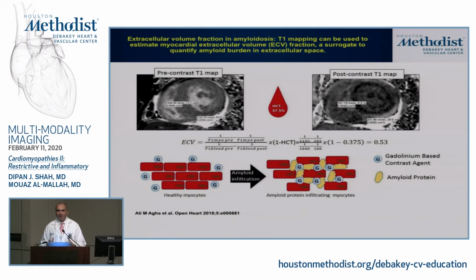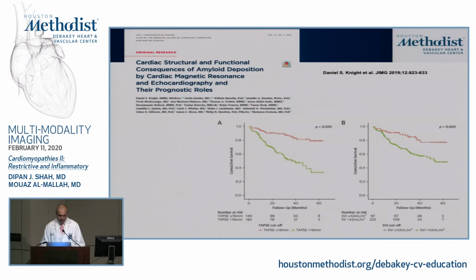It happens in the setting of chronic MI or chronic scar from non-ischemic etiologies, where you've now got a lot of extracellular space between the collagen matrix. But it can also happen in amyloid heart disease, where you've got this protein deposition between myocytes, and as a result, this leads to an increase in extracellular space. And essentially, that's what we're imaging when we image by MRI.